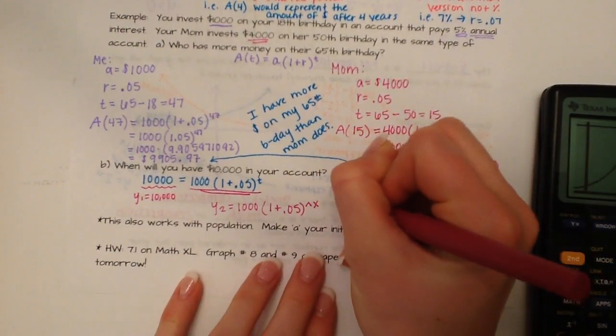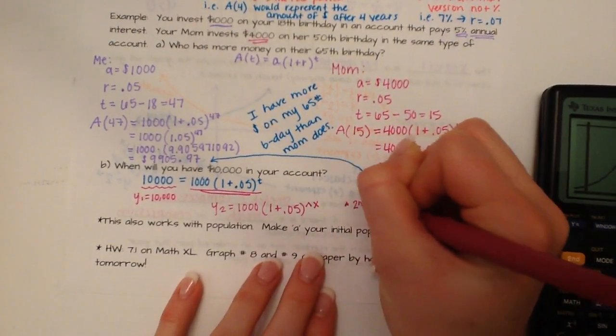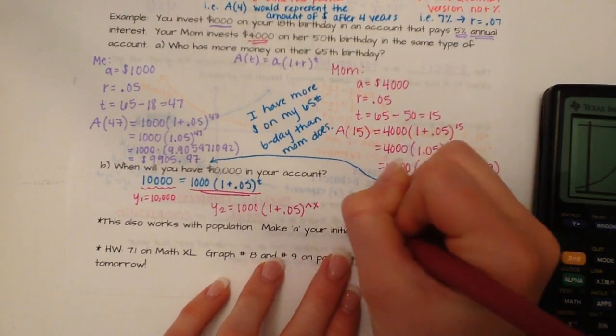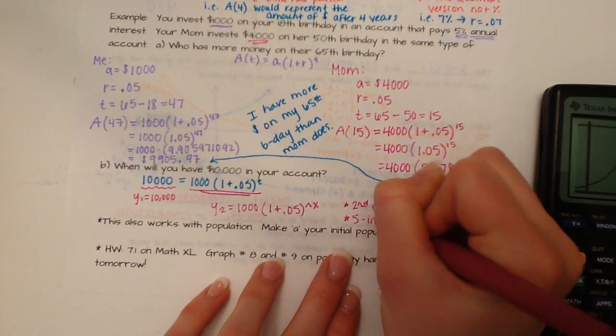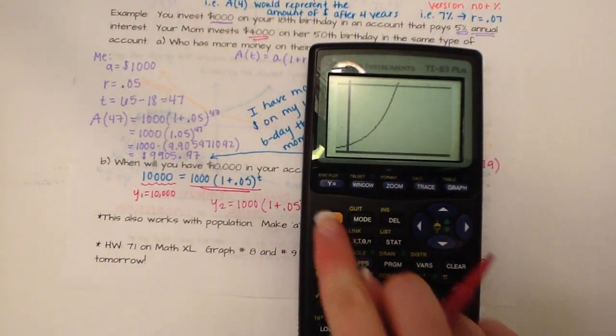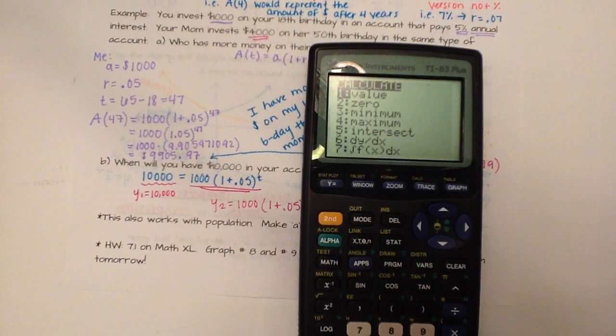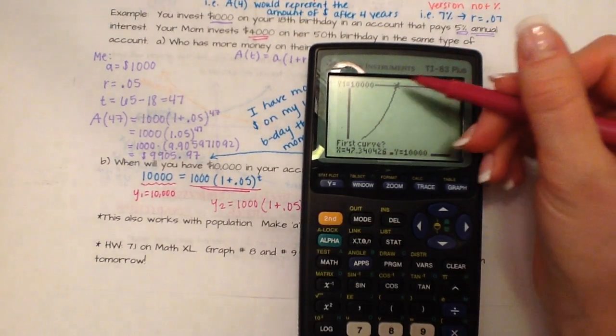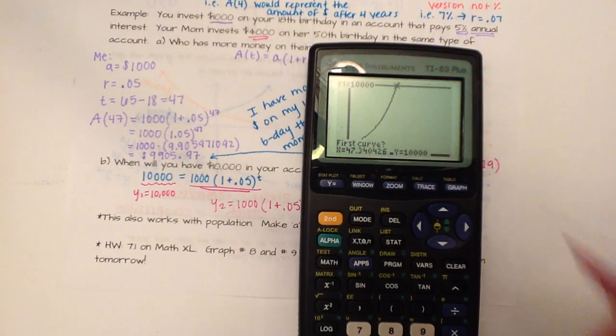So the intersection, we have to go to second calc, and we want number 5 for intersection. So second calc, and we want number 5, and bring your little cursor over until you can see about where it intersects, and hit enter 3 times.